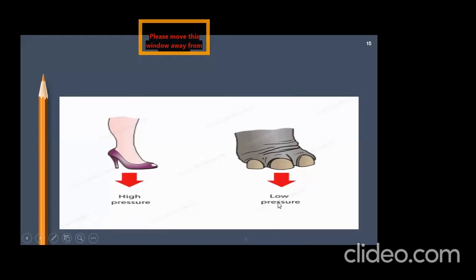The foot of the elephant exerts low pressure, however the heel of the stiletto exerts high pressure. Why is this so? Give me the reason. Write down the reason, according to your understanding, by the time I'm marking your attendance, so that I will come to know that you have better understood it.